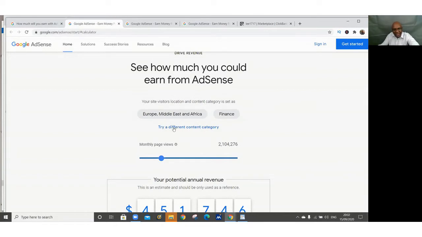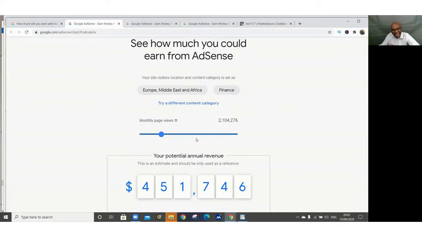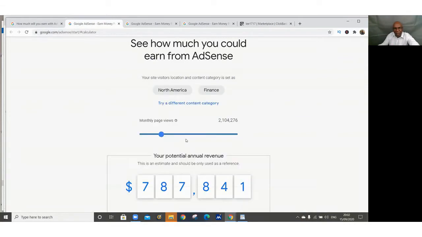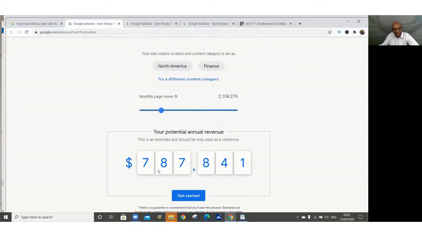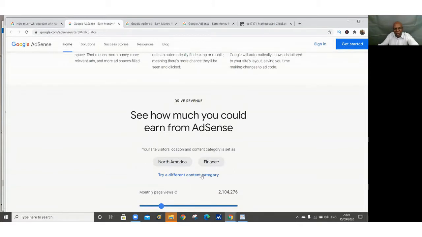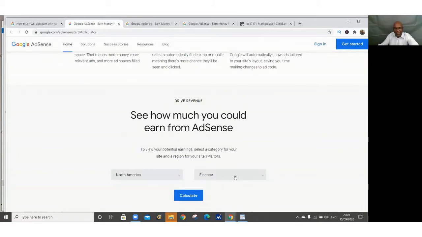If we change the region and go to North America, you find that this is going to dramatically change, right? So let's go to North America, and we're dealing with finance, and we're looking at 2 million views. Look at the amounts, my friend, 787,000, right? So it doesn't matter what sort of category you are in, you can still make a lot of money.